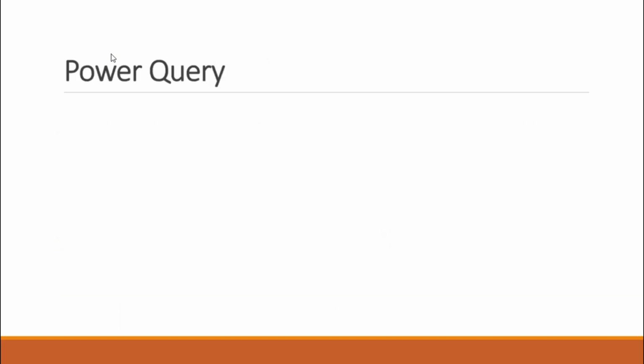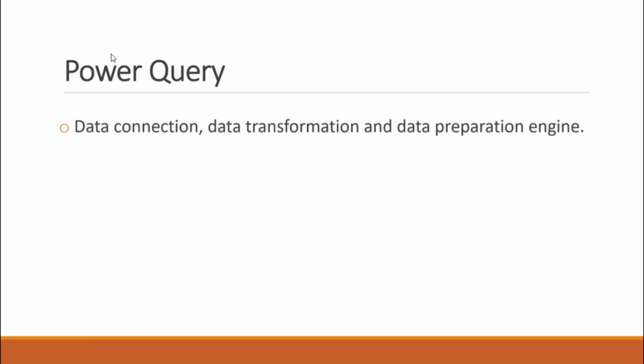And this data normalization or data cleaning in Power BI can be done in Power Query, right? So Power Query is the tool used to clean the data, okay, or to harmonize the data or to transform the data or to normalize the data. So basically, Power Query is a data connection, data transformation, and data preparation engine.